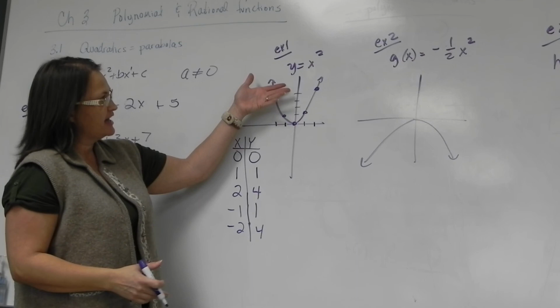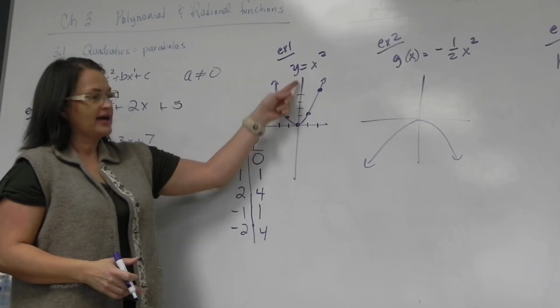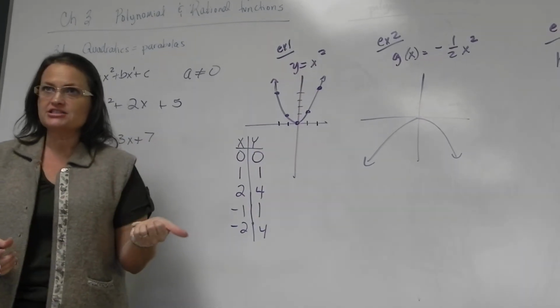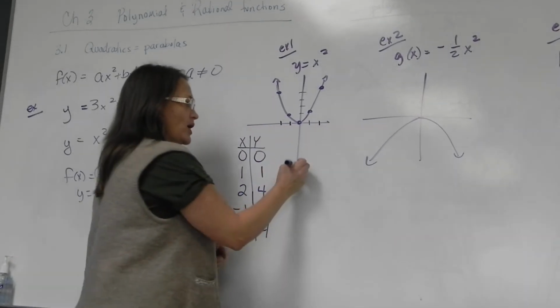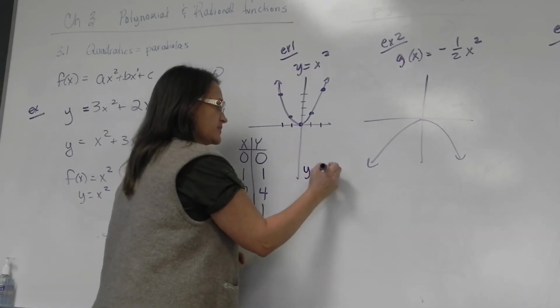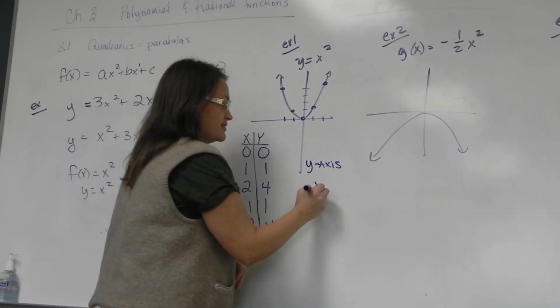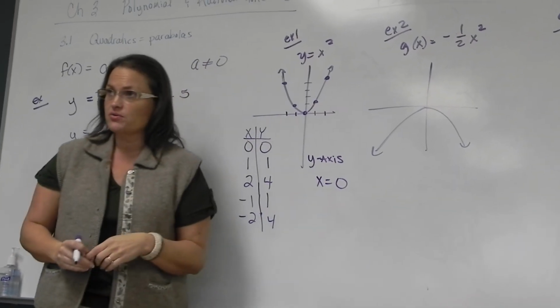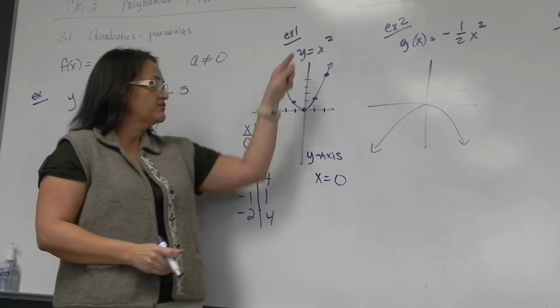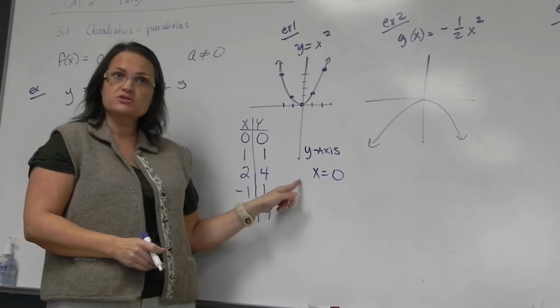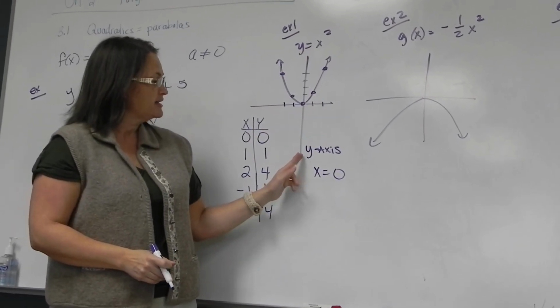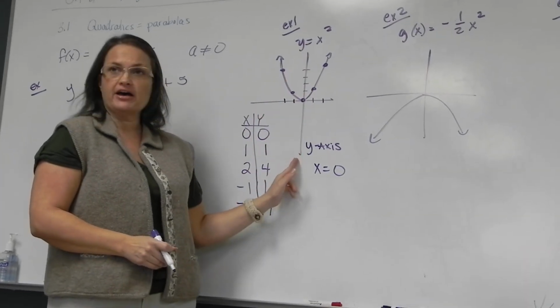All right, notice that this one is symmetric about the y-axis. We talked about symmetry last chapter, and this definitely has y-axis symmetry. Another way of saying the y-axis is to call that the line x equals 0. X equals, remember, is the vertical line equation. So x equals a constant draws a vertical line, and it's at x equals 0 value.